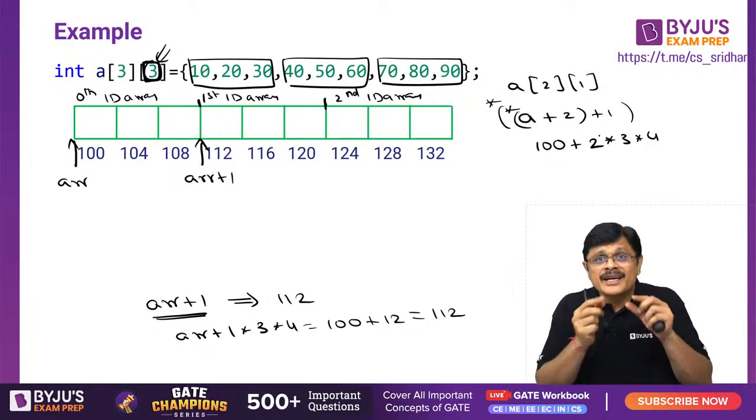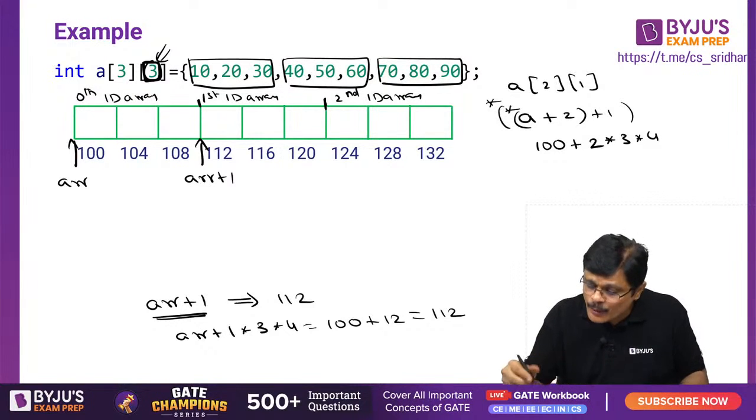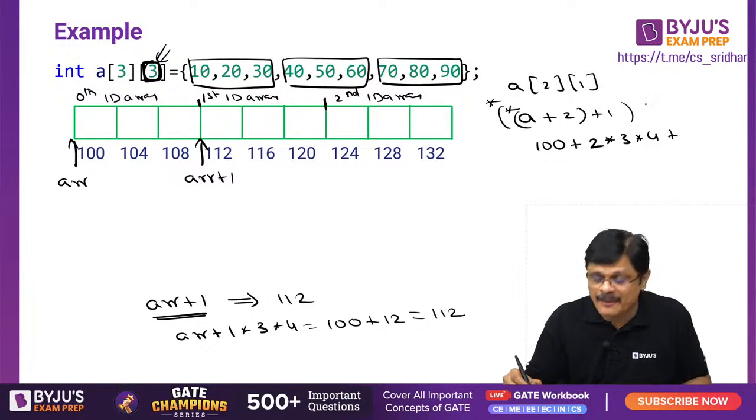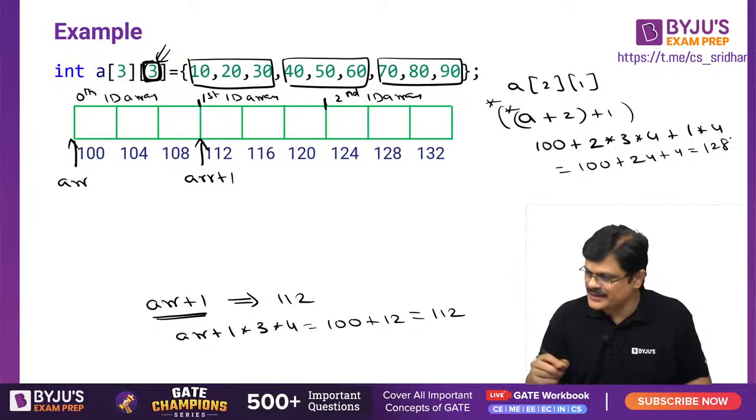So you reached the 0th location of second 1D array. From there, how much you have to travel? 1 element you have to travel, that is 1 into 4. That is 100 plus 2 threes are 6, 6 fours are 24, plus 4, which is 128.